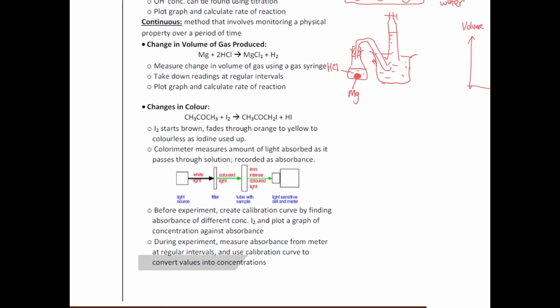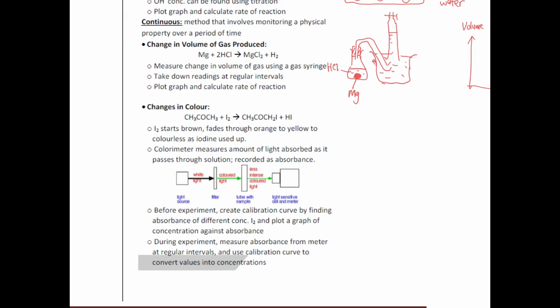So you see the diagram here. You take a light source which produces white light passing through the filter, and colored light comes out. If your filter is blue, then blue light comes out, and then the blue light strikes the container, the test tube with sample.